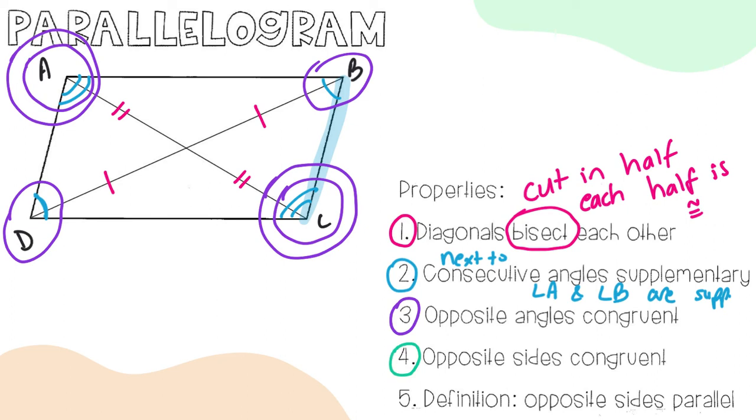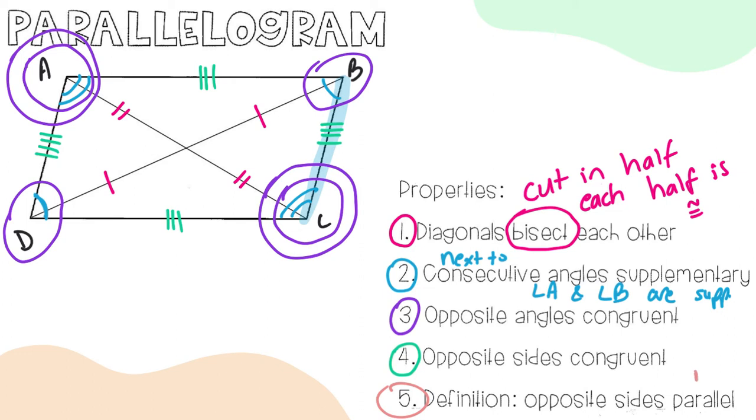Opposite sides are congruent. That means that this side is congruent to this side, and this side here is congruent to that side there. Notice that I used a different number of tick marks than I used for my diagonals, just so we make sure we know that those don't have to be the same length. Finally, I know that opposite sides are parallel.